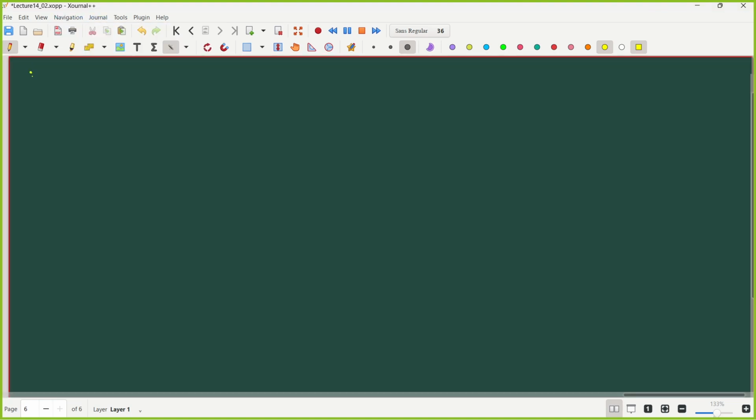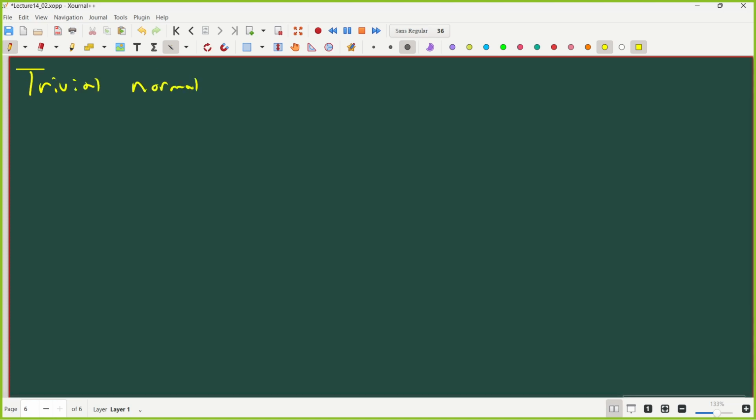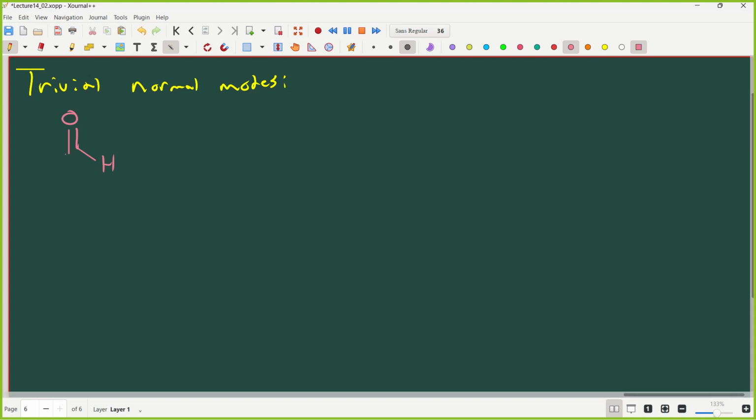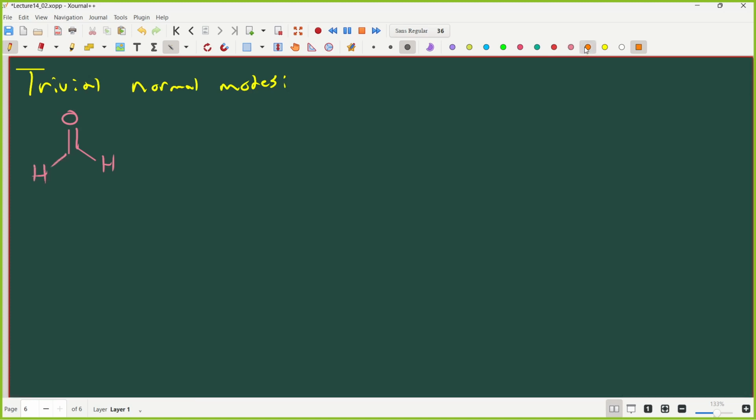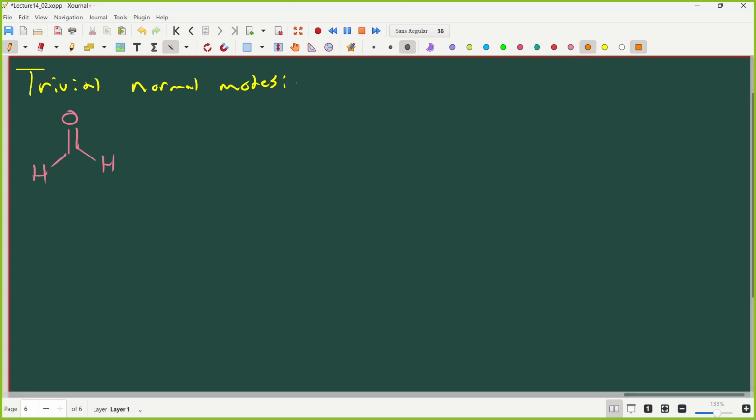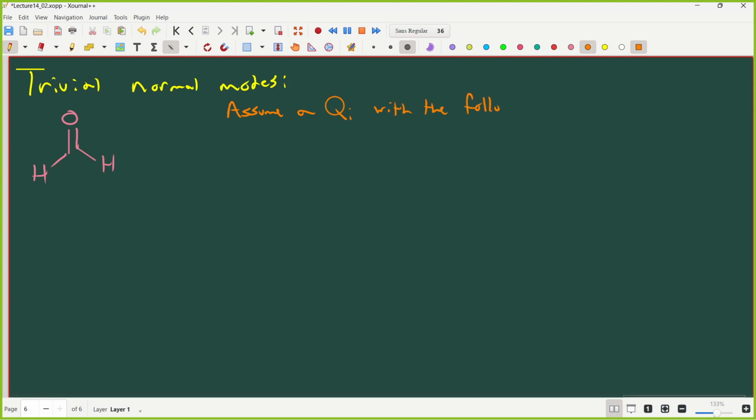All right, so the trivial normal modes. Let's take our molecule formaldehyde, and let's say there's a harmonic normal mode with the following atomic components.